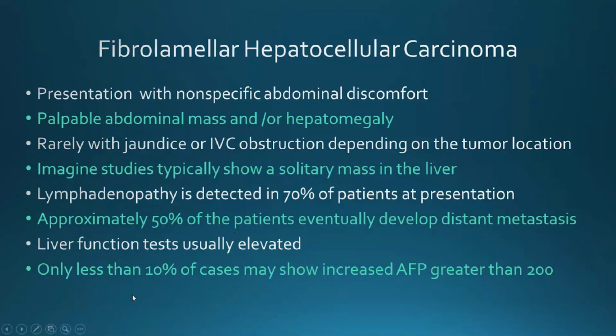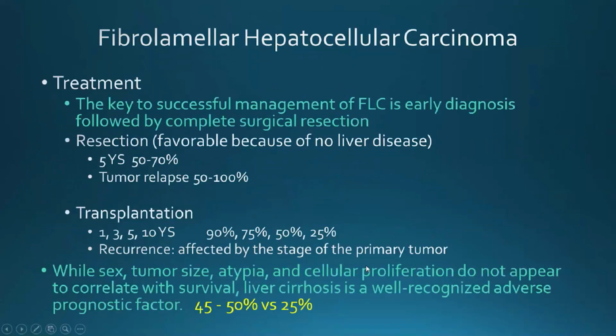And one other characteristic is that less than 10% of these tumors show an increase in alpha fetoprotein, unlike HCC, which is more than about 80%, and that hardly ever goes above 200. So these tumors secrete less alpha fetoprotein.